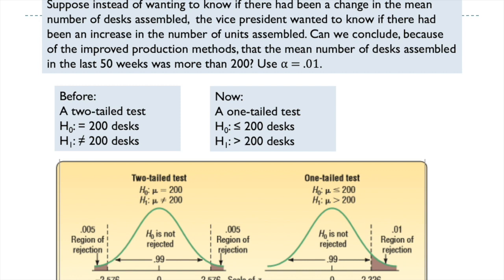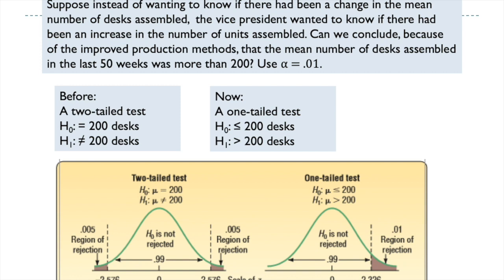And in this case, since our alternative is greater than 200, the one-tailed side is going to be on the right, the upper tail. So again, we're going to use Appendix B5, and we'll move to the top heading called Level of Significance Alpha. Select the column with an alpha of 0.01, and then we'll move to the last row, which is labeled infinity, and we find our Z value here, or our critical value, to be 2.326.